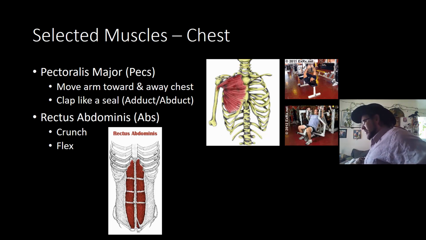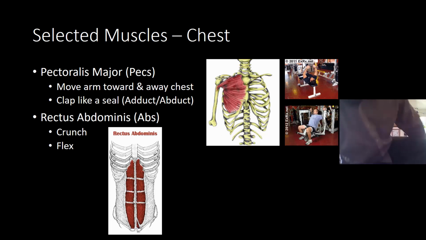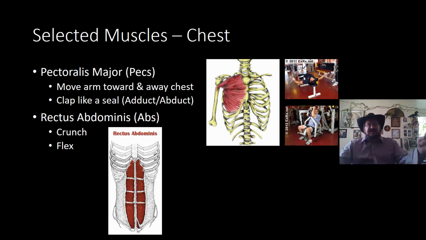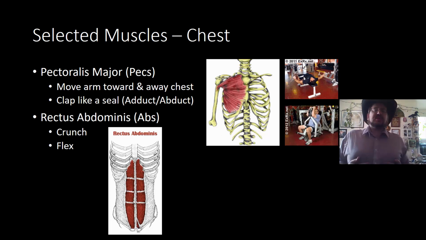That's pretty much it. Any more than that, and you're getting other muscles in on the action. So, your abs, your rectus abdominis, do not do a whole lot more than slightly flex your rib cage in relation to your pelvis.